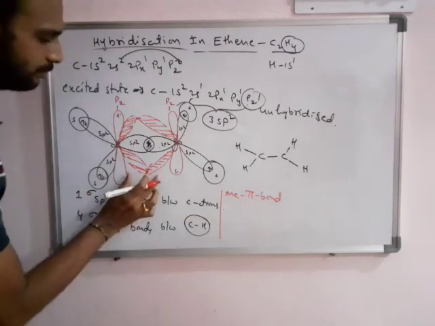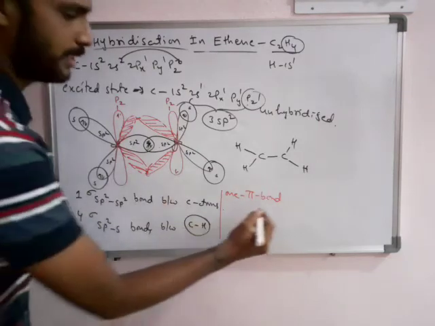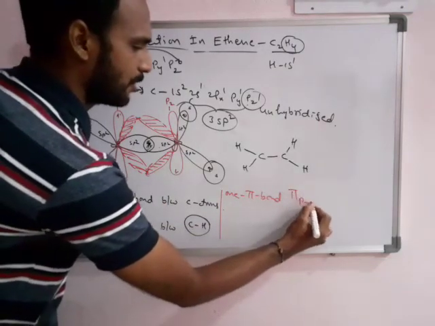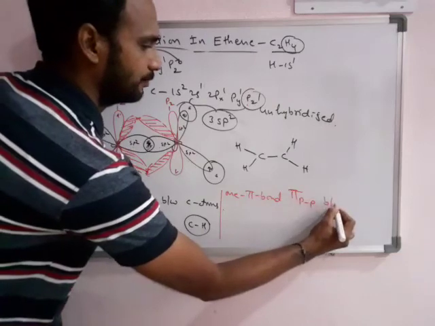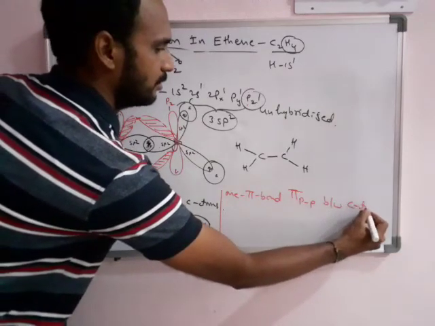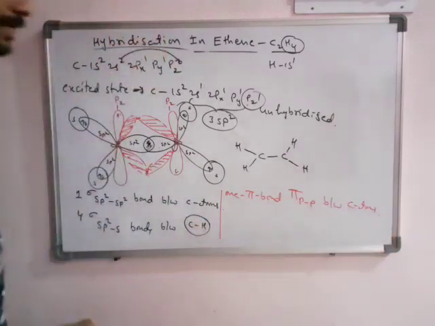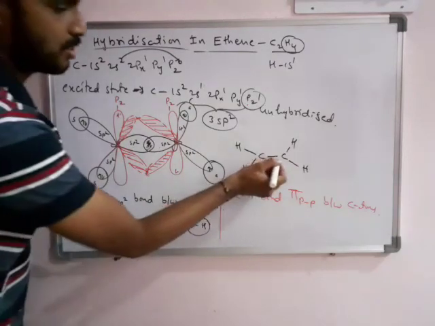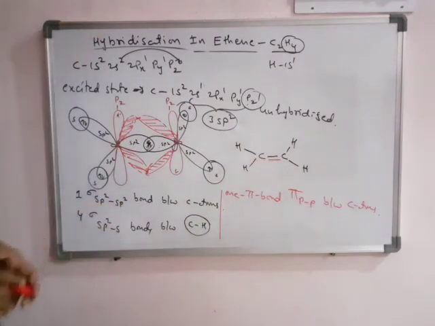The pi bond takes place between the two p orbitals. So it can be written as a pi p-p bond between two carbon atoms.